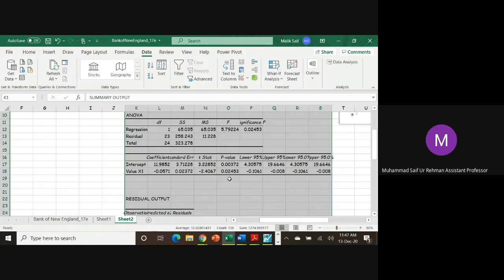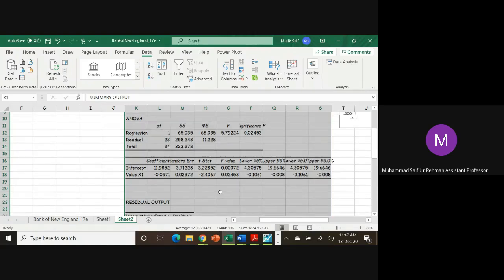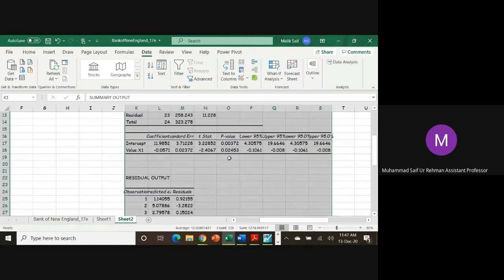H naught was that there is no relationship between the explanatory variable x1 and the dependent variable, in this case e square, the residual. So there is a relationship, which means there is some issue of heteroscedasticity.